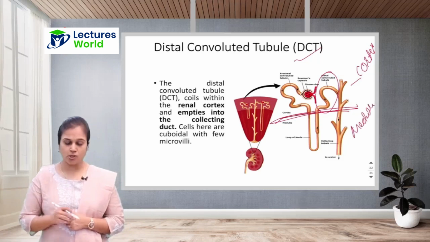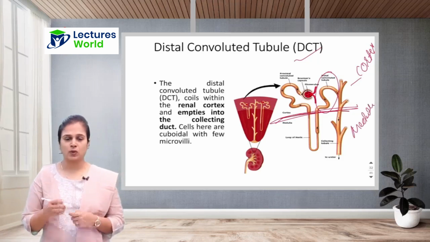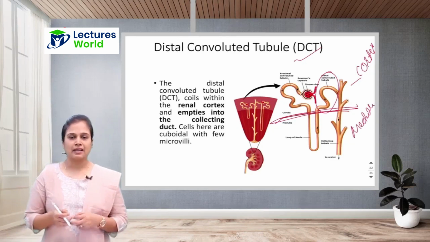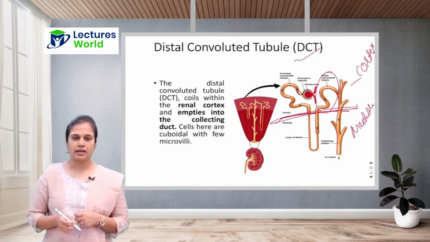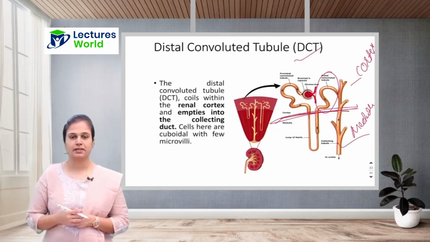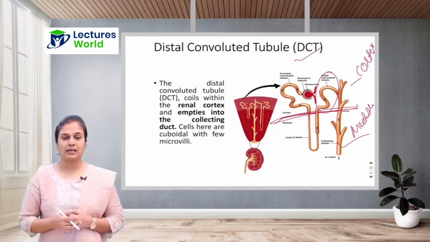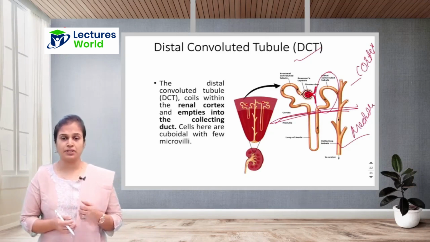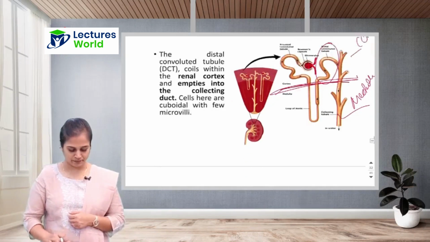So the distal convoluted tubule gets coiled in the cortex and empties into the collecting duct. This one is the collecting duct, and its cells are cuboidal with microvilli.